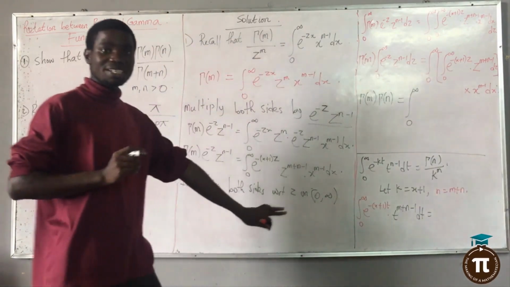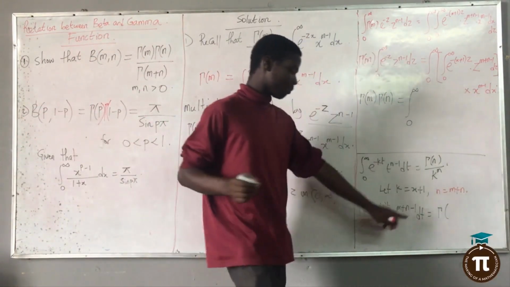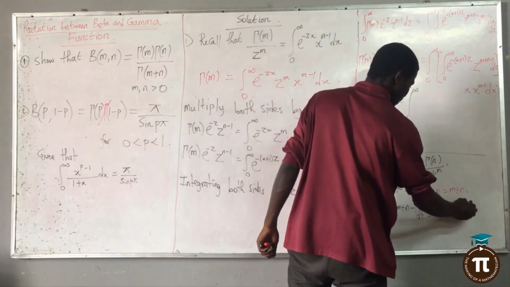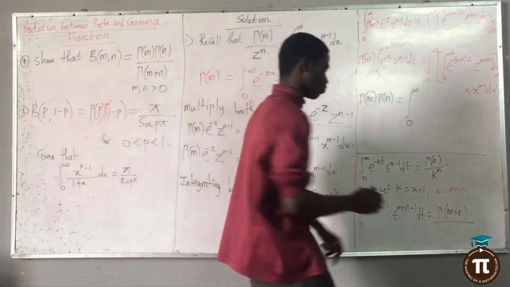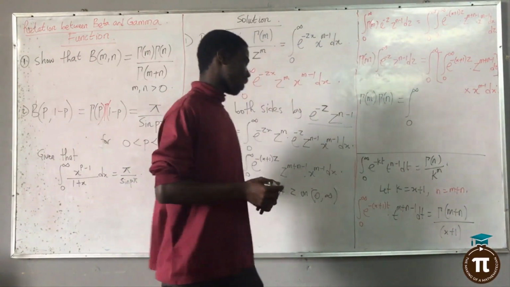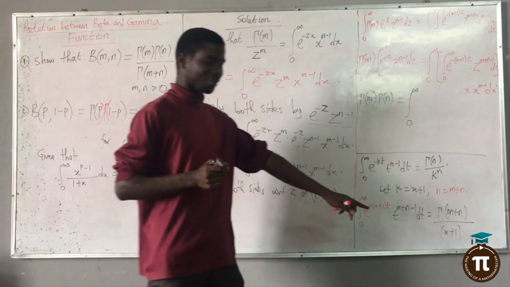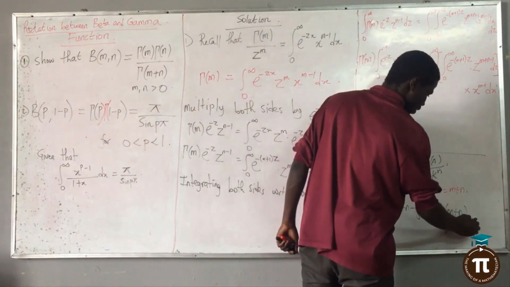So the answer to this will be equal to gamma of n, but n is now n plus n. That's gamma of n plus n over k, and k is x plus 1, so (x plus 1) raised to the power of n plus n.